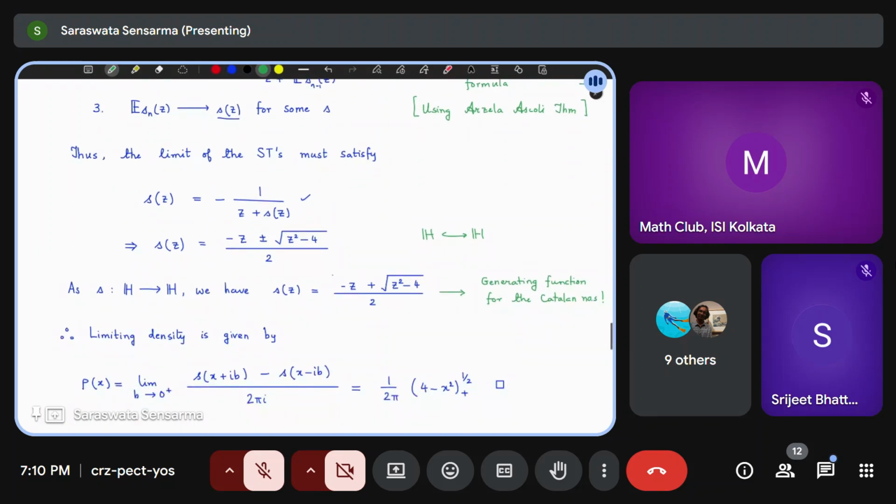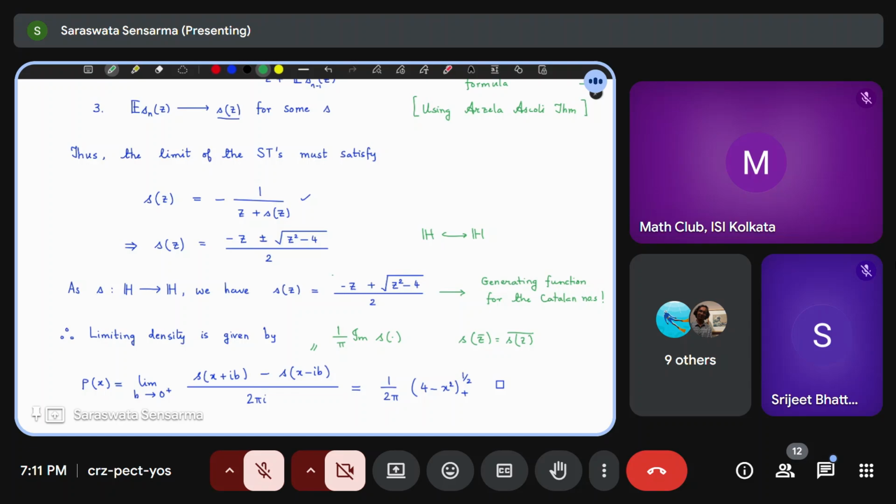And if you wish to find the limiting density, you do the subtraction and divide by 2 pi i. By the way, this is precisely 1 over pi times the imaginary part of the Stieltjes transform. This sort of expression is just 1 over pi times the imaginary part because S of z bar was S of z, whole bar.